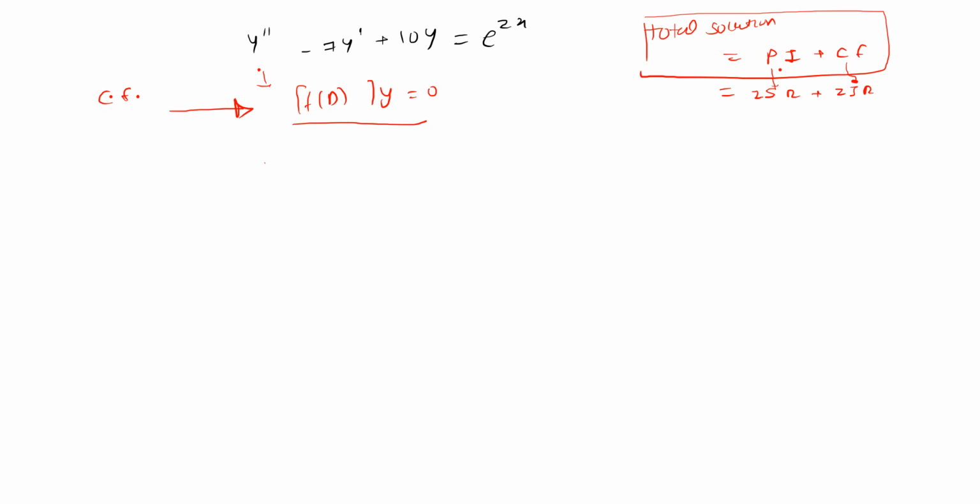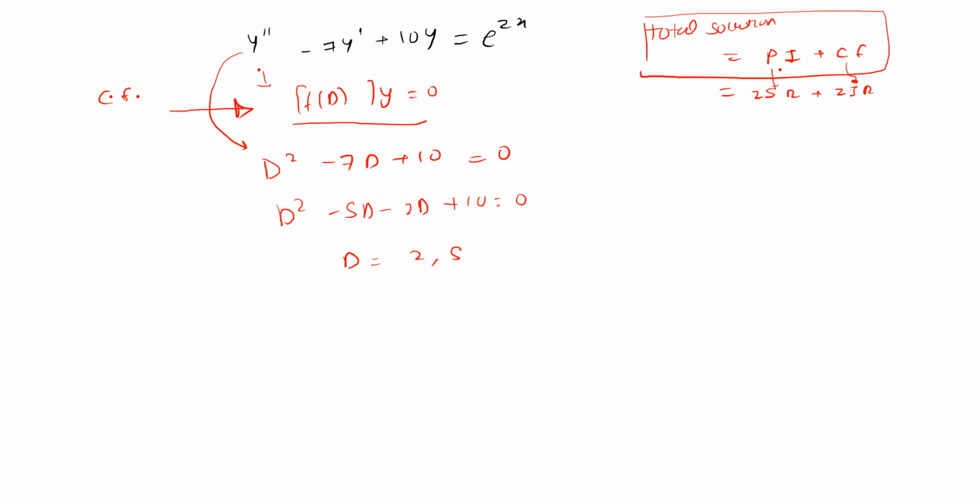So what we need to write here is D^2 - 7D + 10 = 0, where D is the differential operator. Now we need to factorize: D^2 - 5D - 2D + 10 = 0.